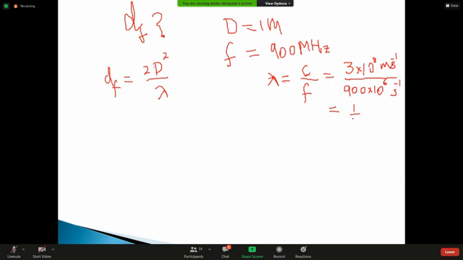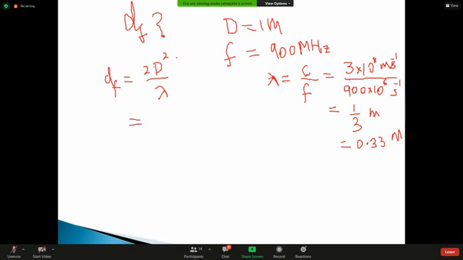So what you get is 1 by 3 meters, that means 0.33 meters. The wavelength is 0.33 meters, right?